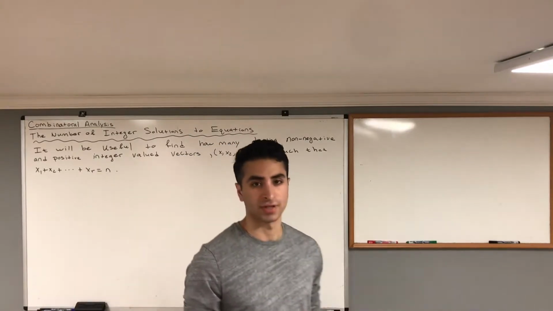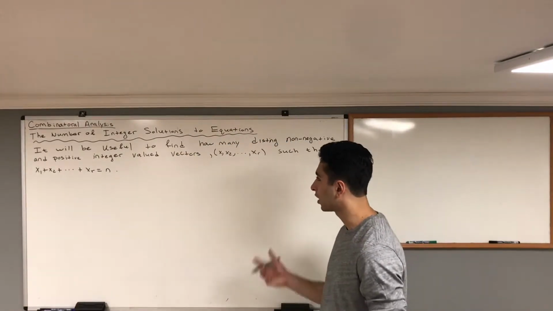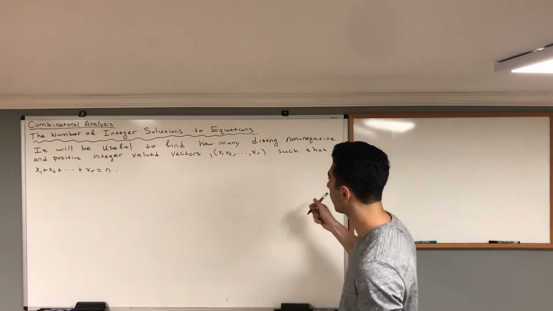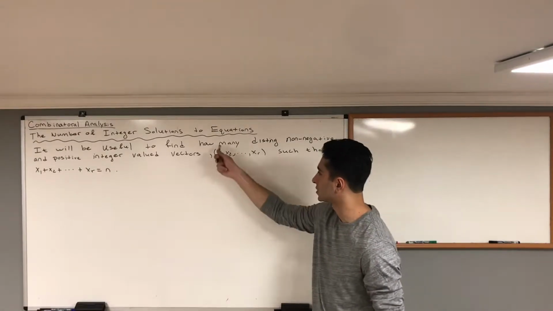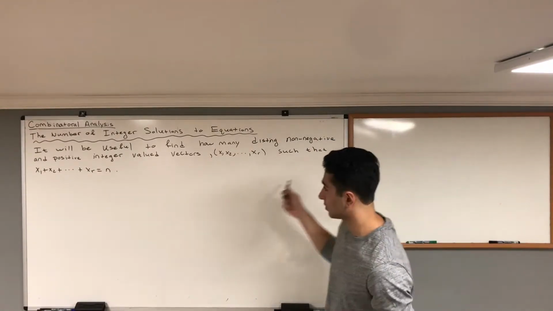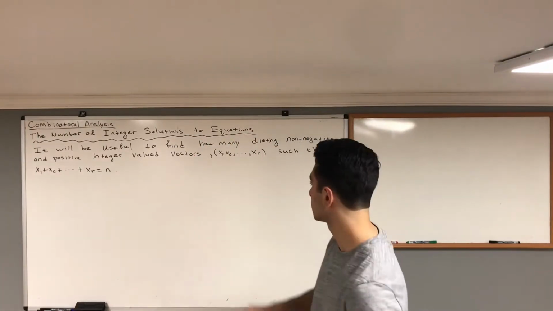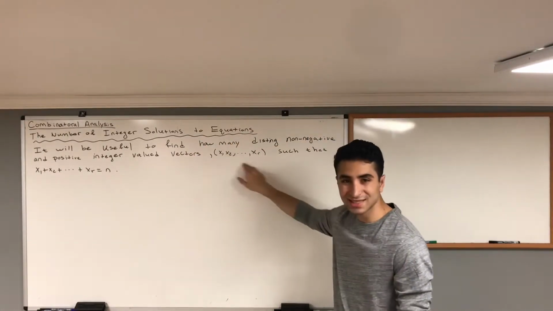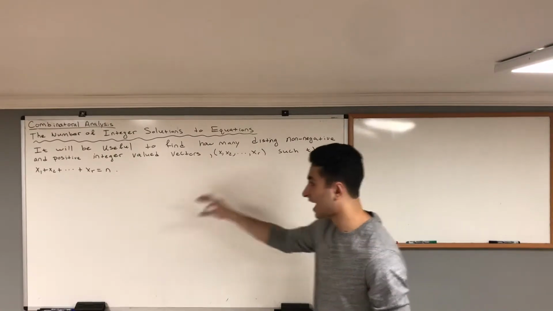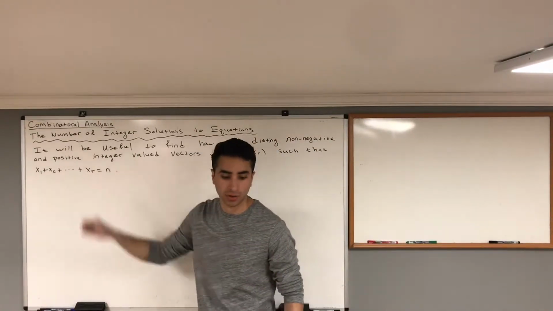And that is our goal for this topic. We want to find a way to count the total number of vectors that have this outcome. Now, when I say vectors, I'm just talking about a list of numbers that satisfy this equation, okay?